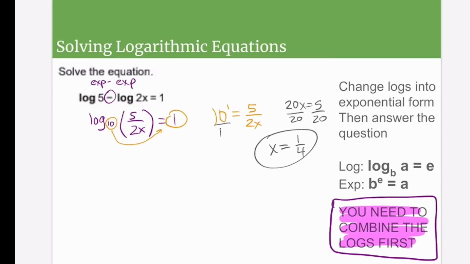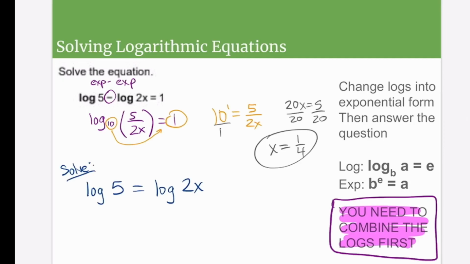The only other type of log equation that you might get is if you have something like this, where it's log of, we'll just use the same numbers, 5 equals log 2x. So you have two logs on different sides of the equation.